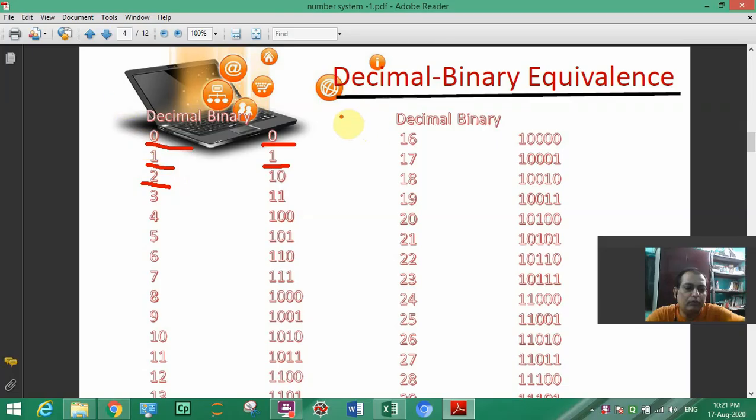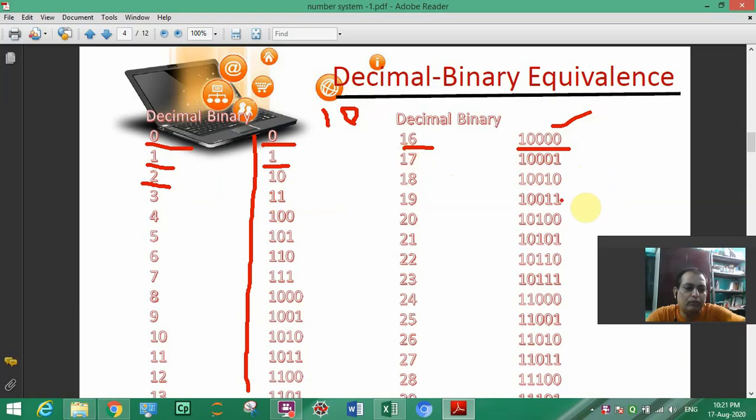The binary number system only uses 1 and 0, nothing else. So how will 2 be written in binary? 1 0 will be written in binary, which is the equivalent of 2 in decimal. Here you can see 16 is 1 followed by four 0s in binary.